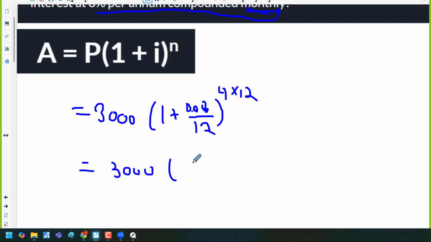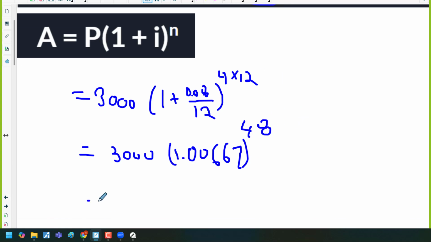So let's do this. 0.08 divided by 12 plus 1 is going to be 1.0066666. I'm not going to write it all, but I'm going to keep these values in my calculator so I don't round. And 4 times 12 is 48.